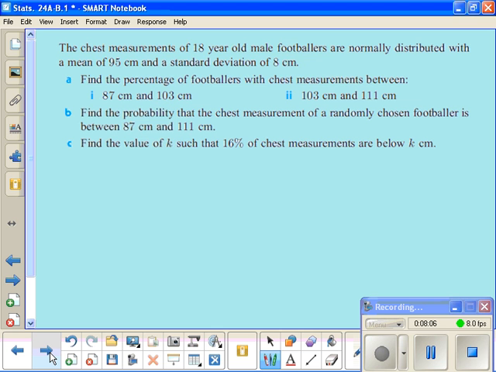All right, chest measurements of 18-year-old male footballers are normally distributed with a mean of 95 centimeters and a standard deviation of 8 centimeters. Find the percentage of footballers with chest measurements between 87 and 103.